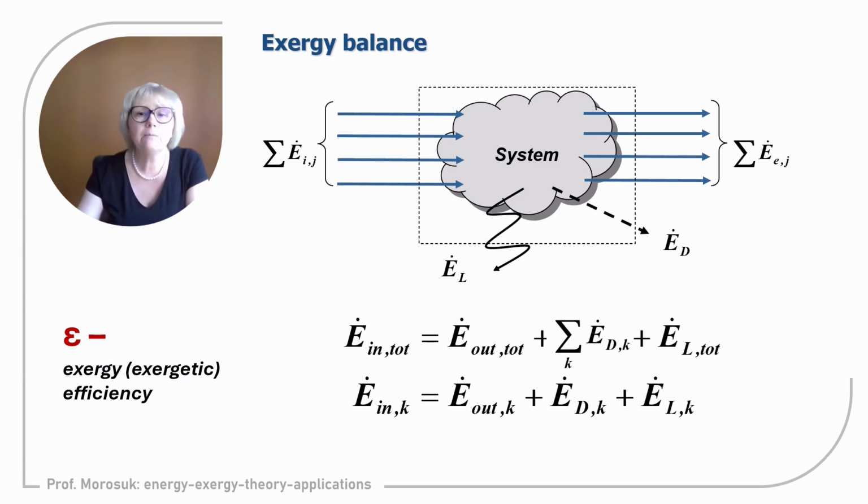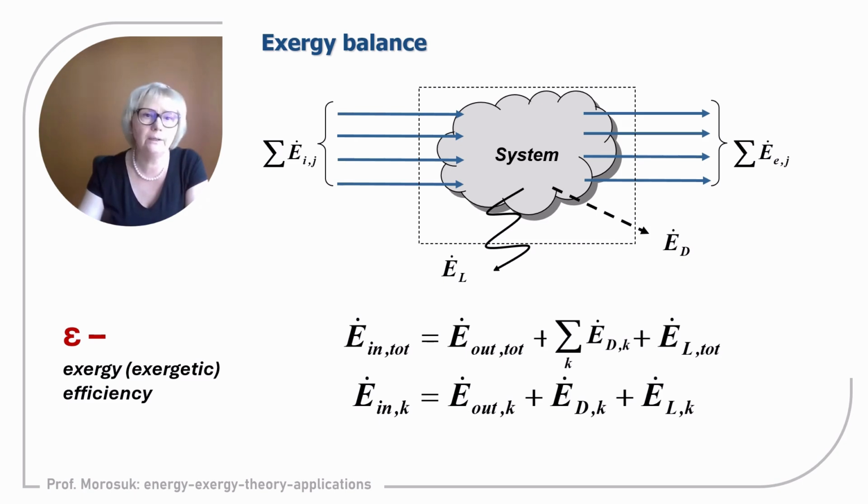Exergy losses can be associated with one of the outgoing streams or maybe with several outgoing streams, and this we need to investigate. The old version of the exergy analysis, when it was just developed, was the approach exergy in, exergy out.